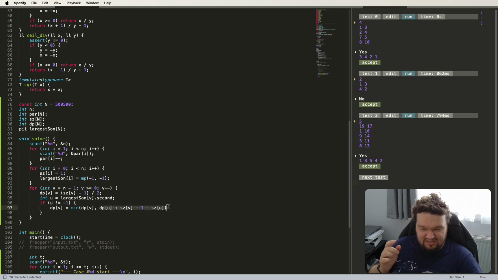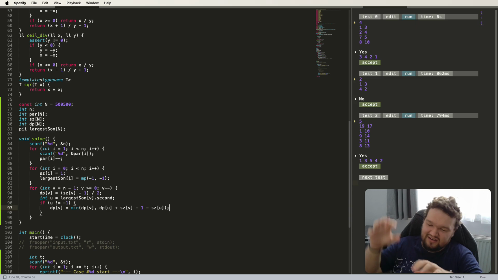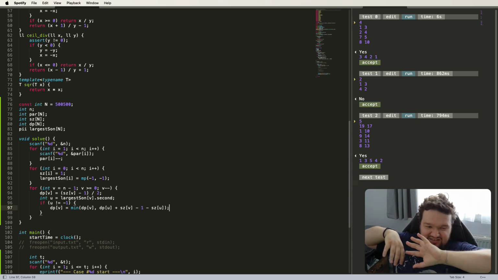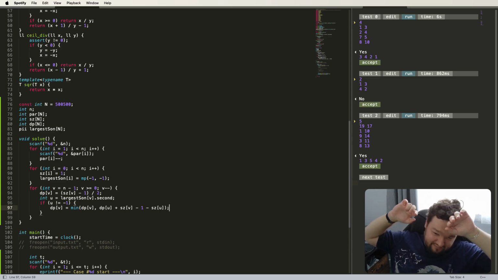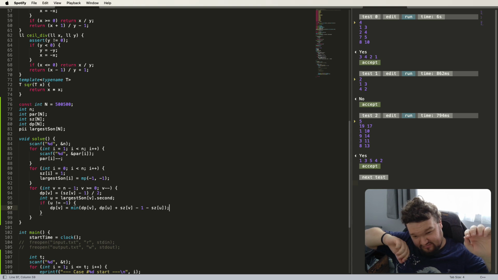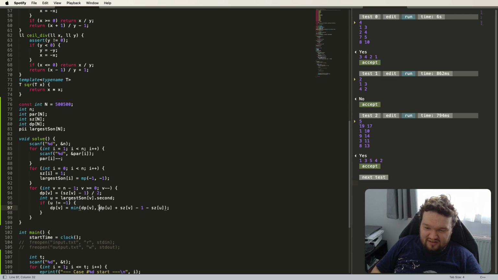And this is not exactly correct: I took the best answer, and then I said that I can also get all the rest of the vertices that are in the other sons. Maybe dp u may be close to size of u over 2, and I don't have enough unmatched vertices here, so I need to break some pairs I constructed to match everything that is left in the other subtrees.